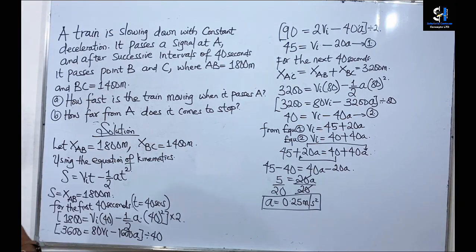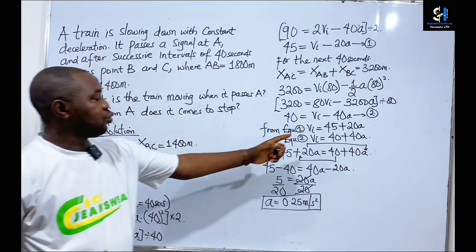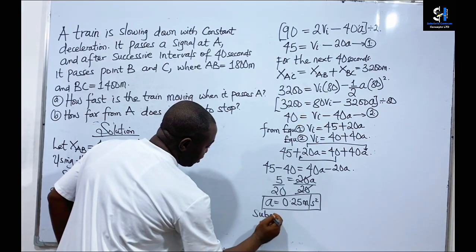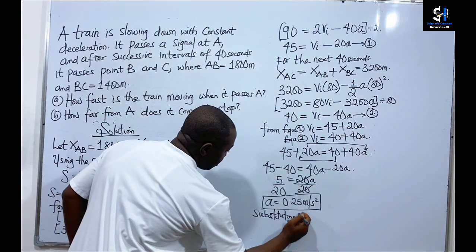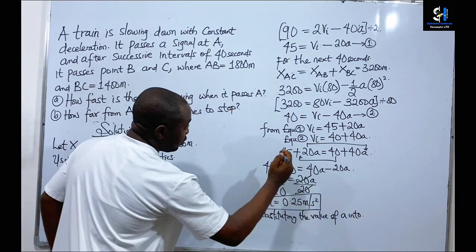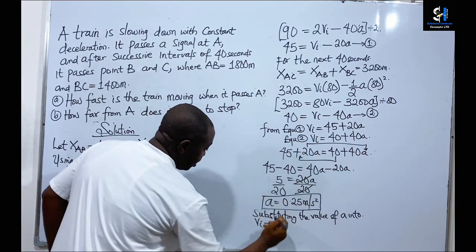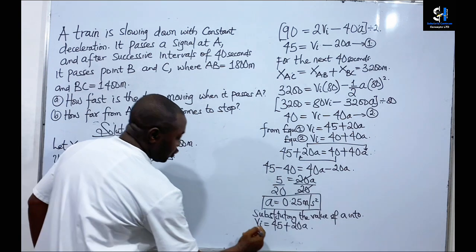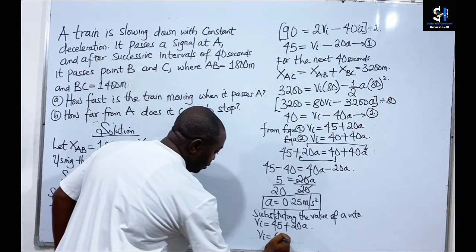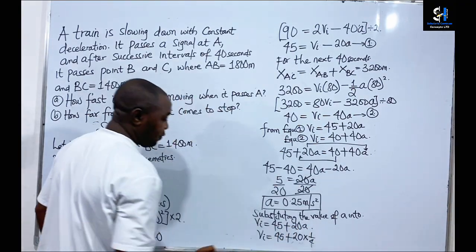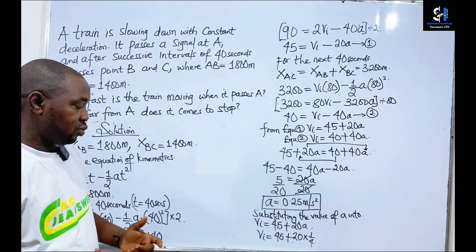Now let's calculate how fast the train is moving when it passes A. I can use one of these equations. Let me substitute the value of a. Substituting the value of a, one of the equations gives initial velocity equals 45 plus 20a. So the initial velocity will be 45 plus 20 multiplied by 1/4, because 0.25 is 1/4.